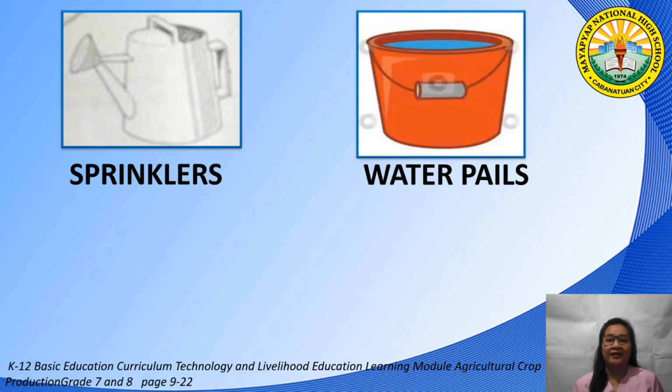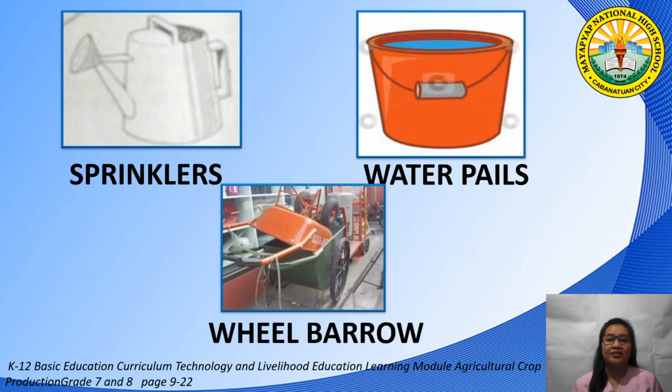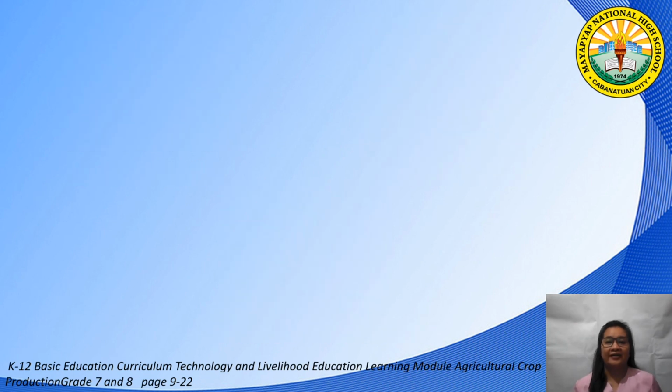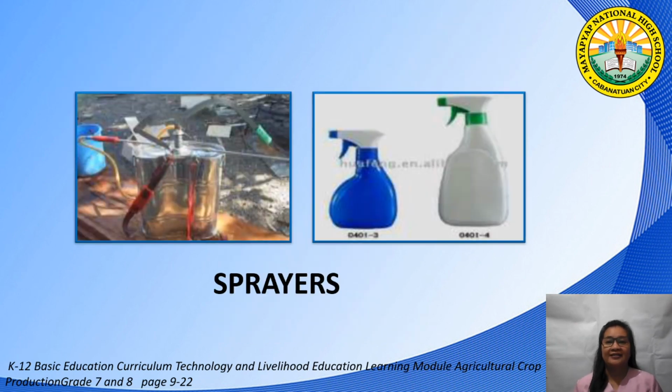Water pails are for holding water, manure, and fertilizer. Wheelbarrow is used for holding trash, manures, fertilizer, planting materials, and other equipment. And sprayers are used for spraying insecticides, foliar fertilizer, fungicides, and herbicides.